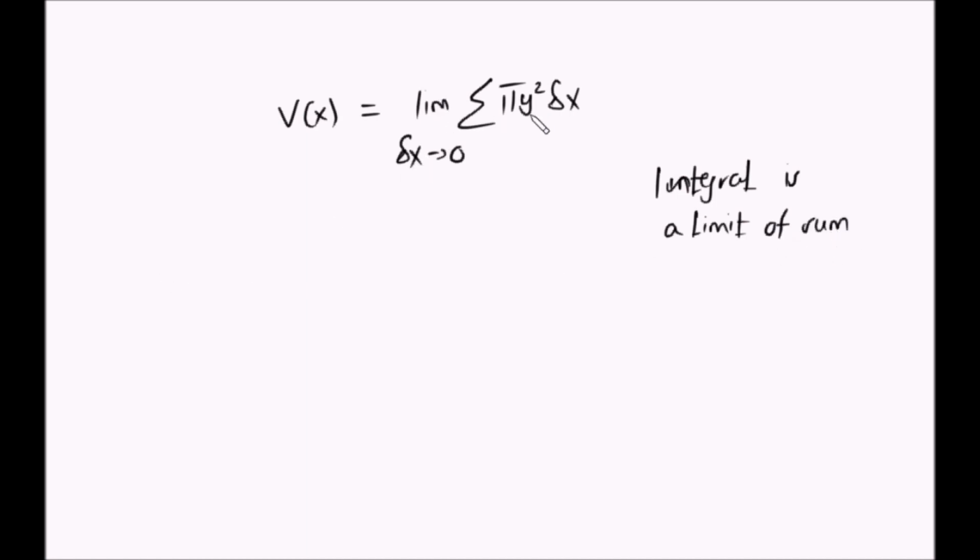This is a limit of a sum, which means this is now an integral, like this. So delta x now becomes dx. So we said integration is a limit of a sum. So this is how it is.